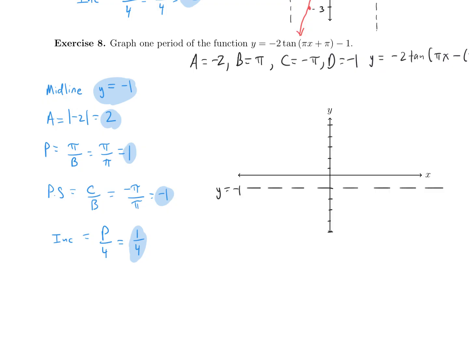So we start with our phase shift, which is -1. Let's put our -1 down. Then you're going to go 2 increments to the right and 2 increments to the left. If you add 1/4 plus 1/4, that's going to be 1/2, right? So let's start at -1 plus 1/4, which is 0.25, plus 1/4 again. You're supposed to do that 2 times to get to the right. So that's going to be -1 plus 1/2, which is -1/2.